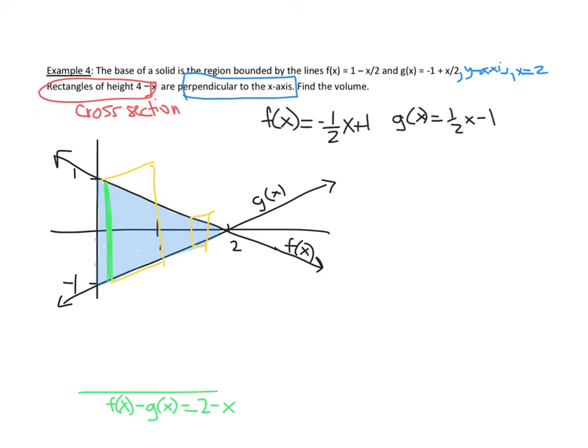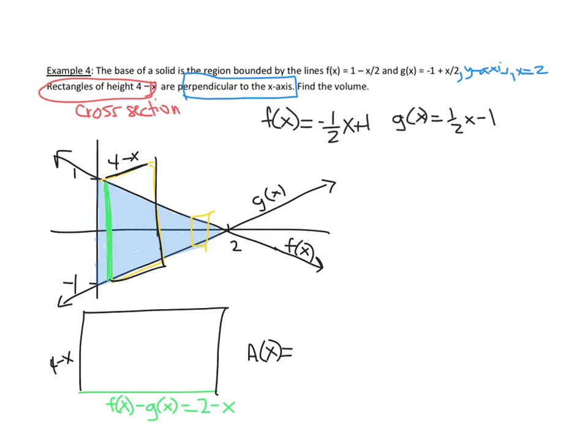Then the other part of the rectangle is these sides I have right here. So they told me that the rectangles have height 4 minus x. That's this part right here, which also corresponds to this right here. So I now have a rectangle. I have the base of the rectangle. I have the height. I can find the area. And that's going to be my A of x.